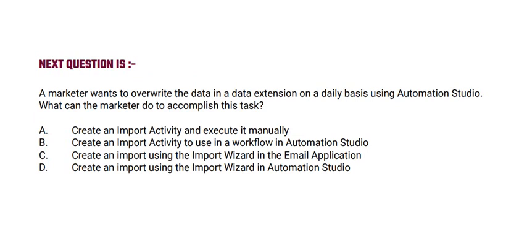Option B, create an import activity to use in a workflow in Automation Studio. Option C, create an import using the import wizard in the email application. And option D, create an import using the import wizard in Automation Studio. The correct option is option B.